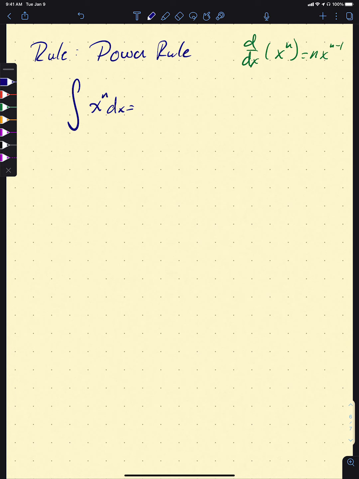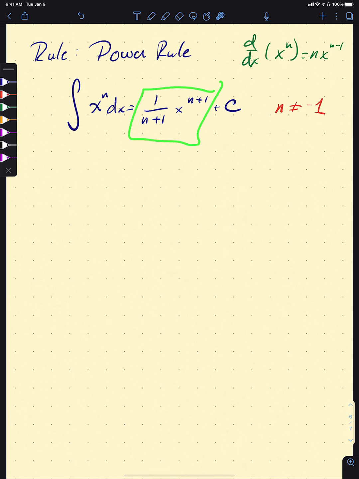Well, it's going to come out to 1 over n plus 1, x to the n plus 1, plus c. And there's two sort of important notes here. One, n can't equal negative 1. We'll talk about what happens when n equals negative 1 in a bit.